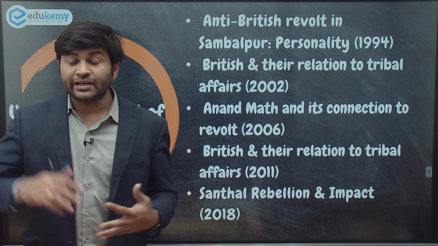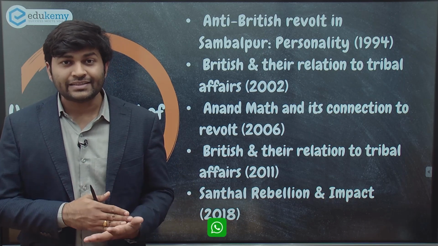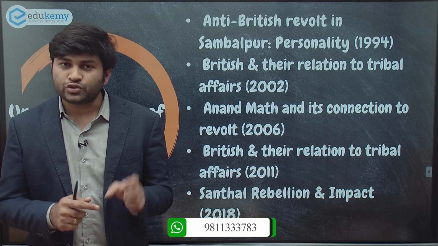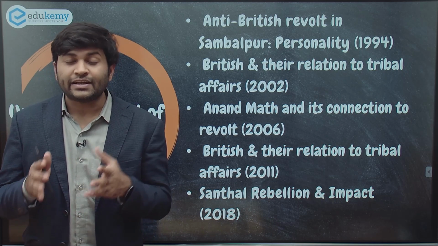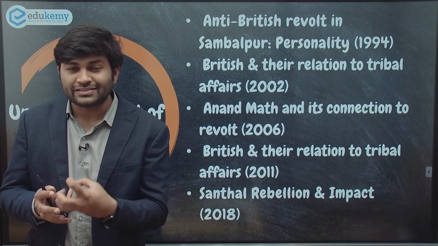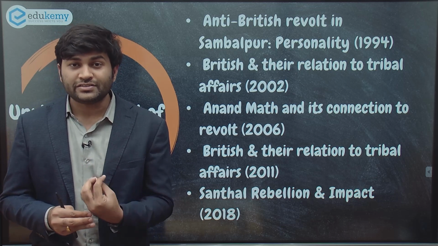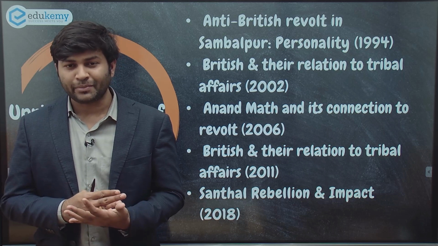You also have the Indigo revolt which took place. It is written about in the Neel Darpan by Deen Bandhu Mitra. So such important revolts, the novels and plays that are associated with and contain these revolts, which have a significant place, are very important for your UPSC preliminary examination.